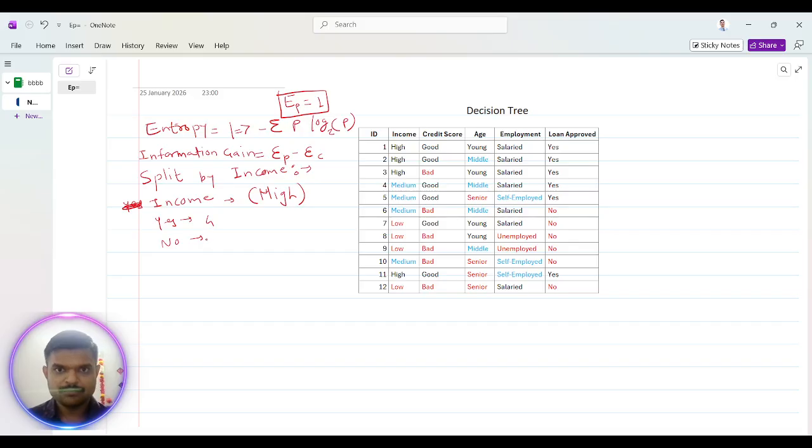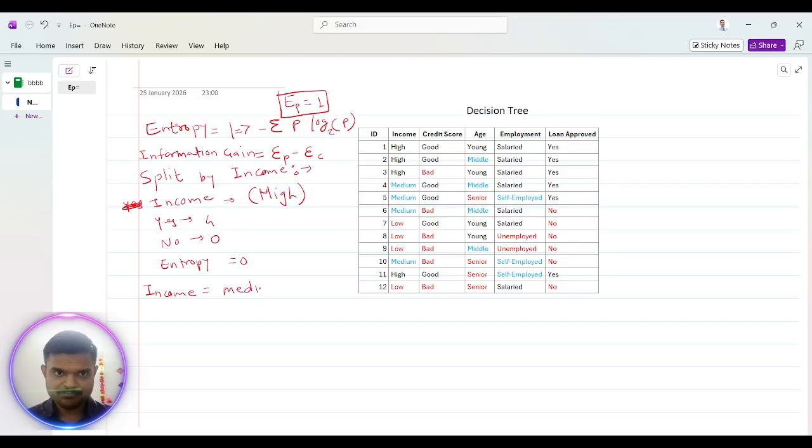No are 0. So here we can see the entropy is equal to 0, pure, because earlier we discussed, if all are the same, then there is no randomness, then entropy is 0.